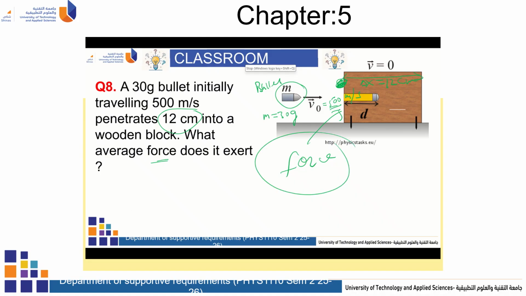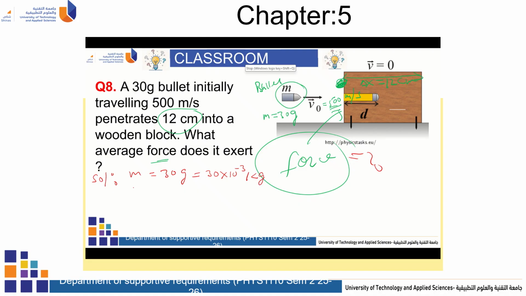So for this question, what parameters are given to us? Actually we have to find the force here. The value of the mass is given, that is 30 grams, but gram we cannot take. So I need to multiply by 10 to the power minus 3, and this will convert to kilograms.